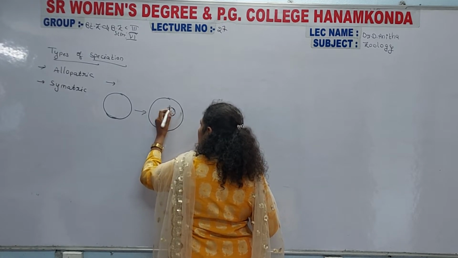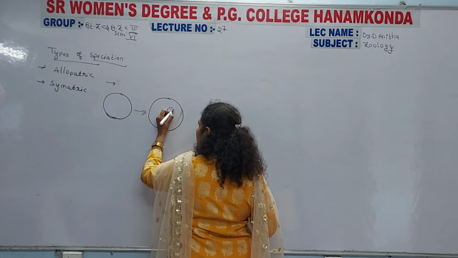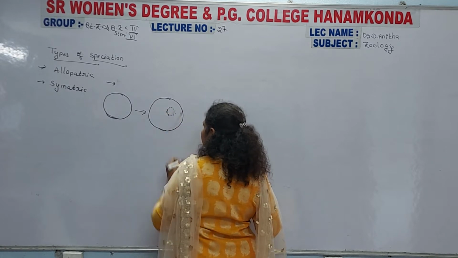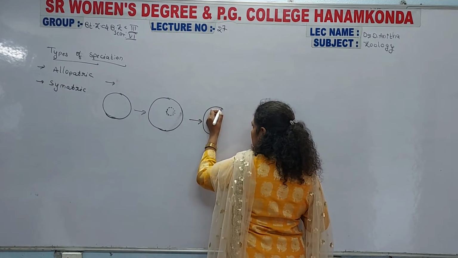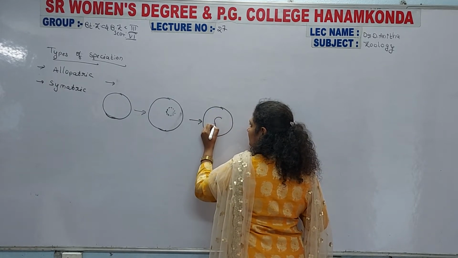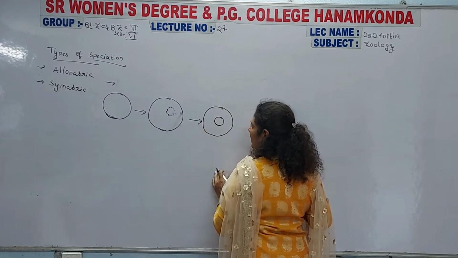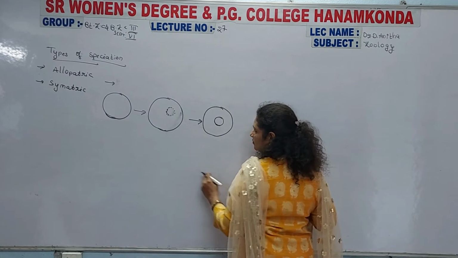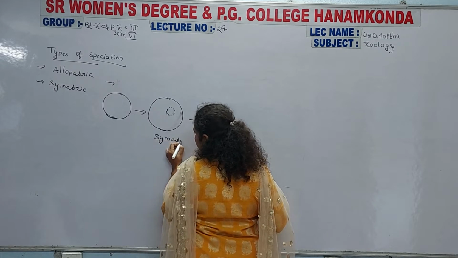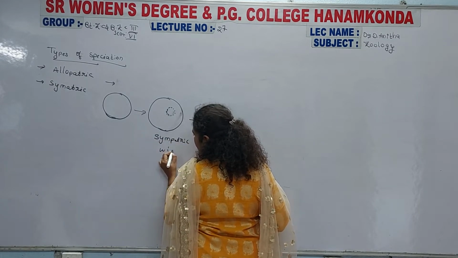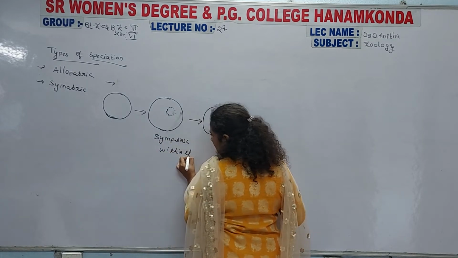So the isolation process, the variations, occur within the population. Completely varied populations would resemble like this. So it is sympatric. Sympatric means within the range, within the population.